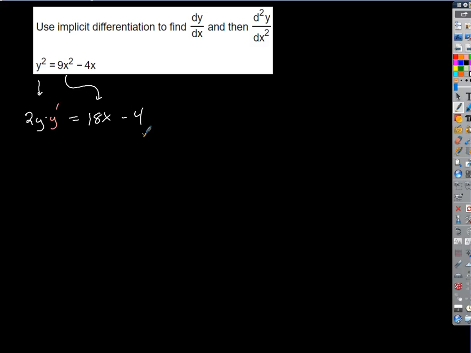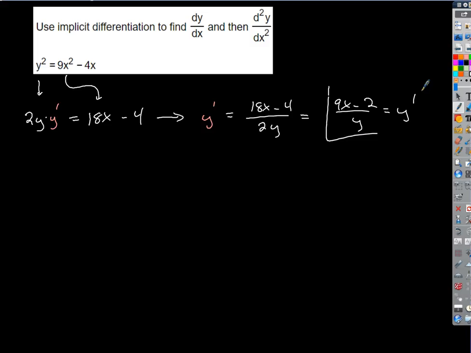So all I've got to do here is divide each side through by 2y to solve for y prime. And then I could factor a 2 out of the top and cancel the 2's. What's that going to give me? There we go. Okay, so there's part 1, right? So that's y prime.